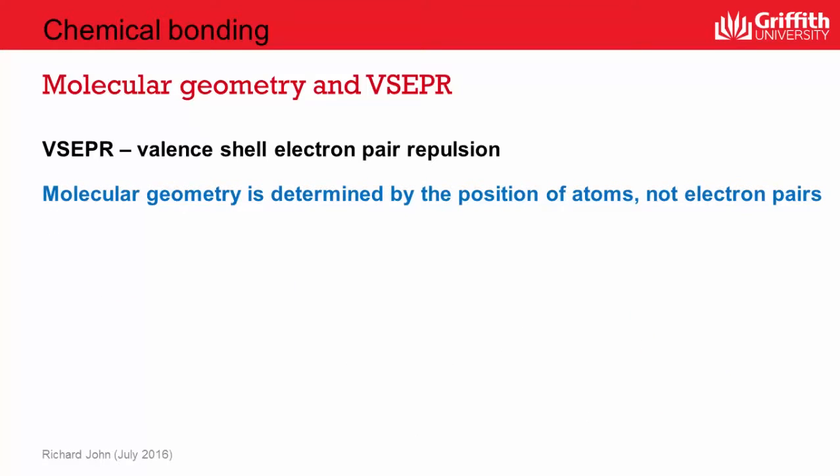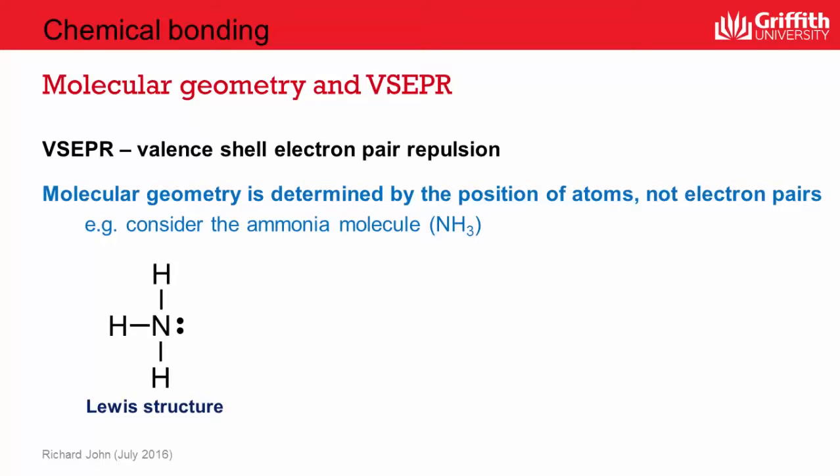To determine the geometric shape of a molecule, we need to locate the position of the atoms and not the electron pairs. So as an example, let's consider the ammonia molecule again, NH3. The Lewis structure shows an octet of electrons around the central nitrogen atom with a total of four pairs of electrons, three of them bonding pairs and one of them a non-bonding pair of electrons.